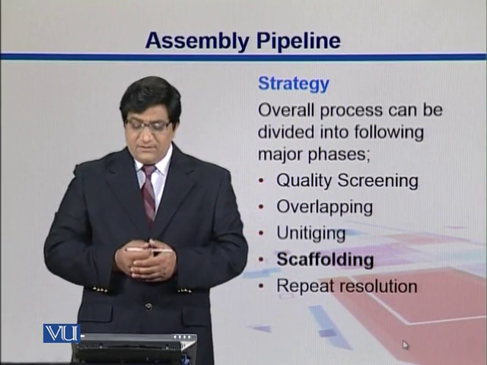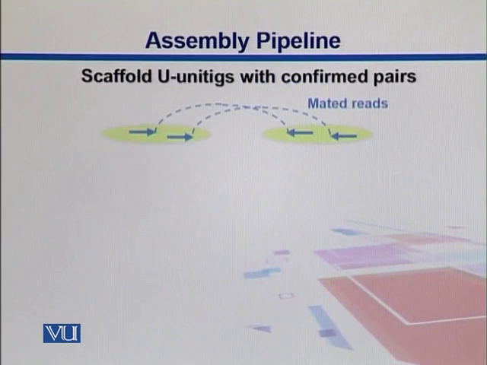Next is scaffolding. In scaffolding, we put those unique unitigs together with the help of paired end reads. So we rely on the reads which are paired end. One member of this pair is in one scaffold, like this one, and the other one is in the second one, bar. So we have 2 here and 2 bar here.